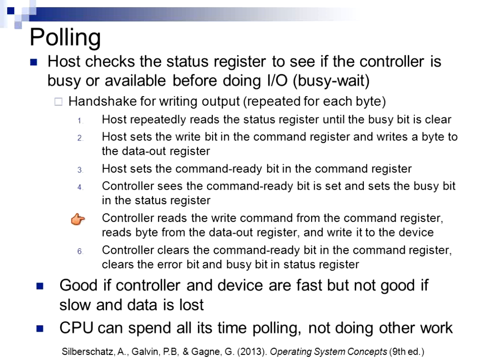So it's going to read the write command from the command register, read the byte from the data out register, and finally write it to the device. Then it'll clear the command ready bit in the command register, clear the error bit, and clear the busy bit in the status register.